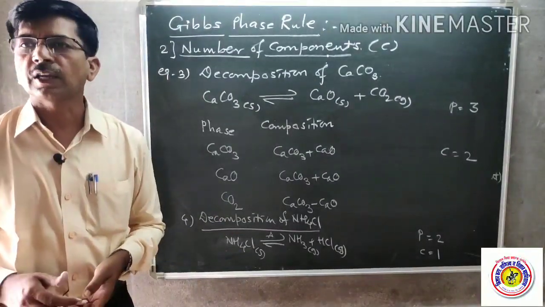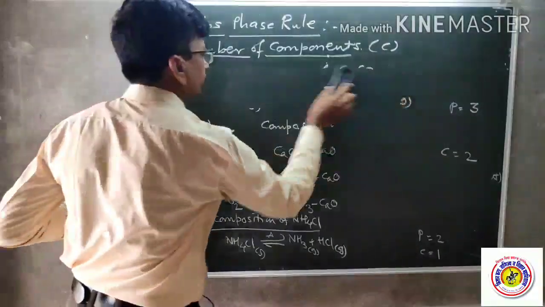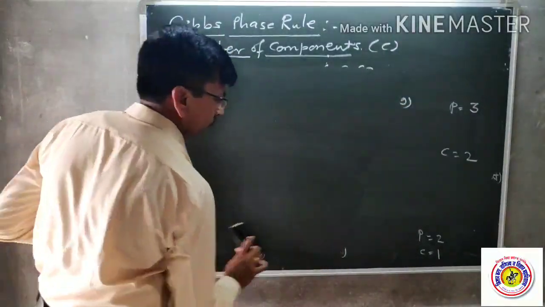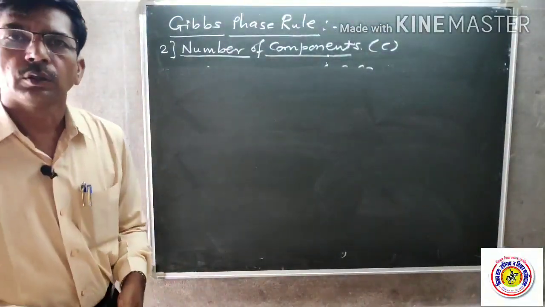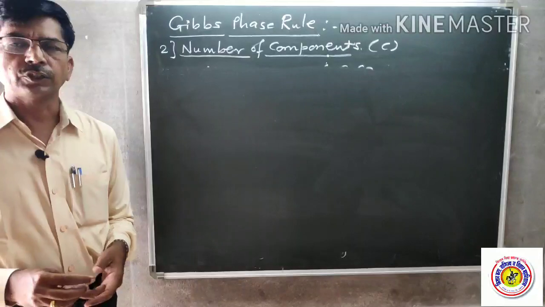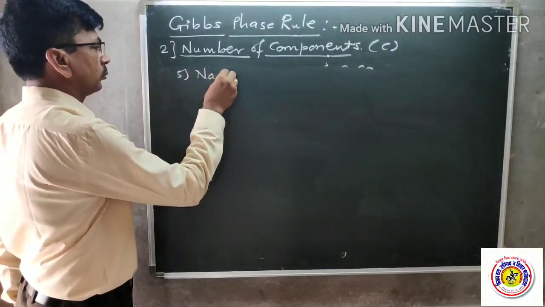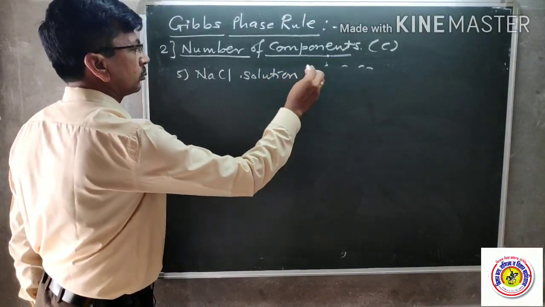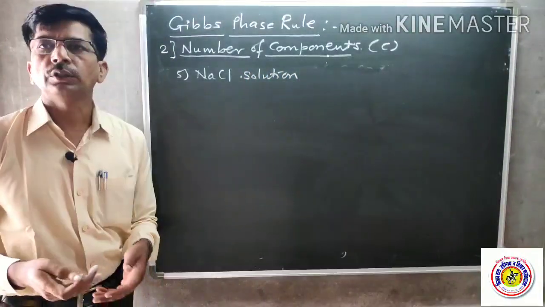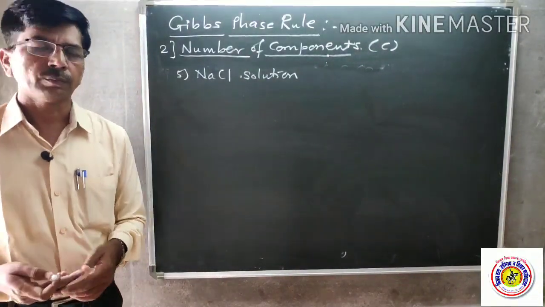Now we'll see another example, the NaCl solution. Suppose that we have a NaCl solution. Now we try to find out the number of phases and number of components in the system.